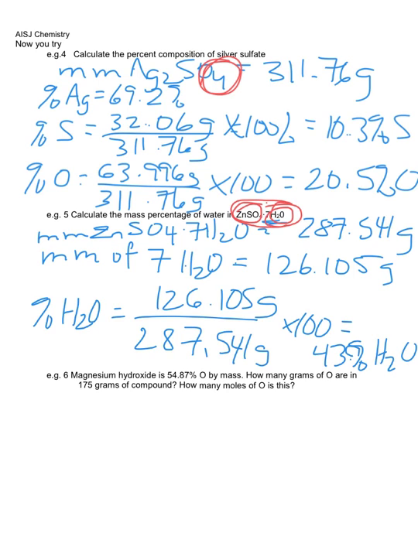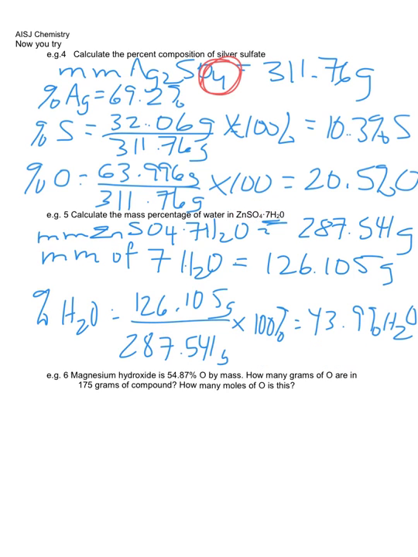Actually 43.9. So the percentage of water in the hydrated compound of zinc sulfate is 43.9%.